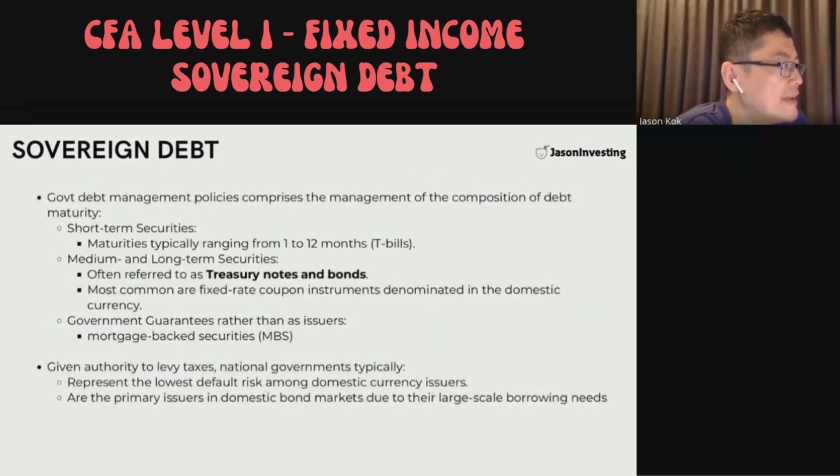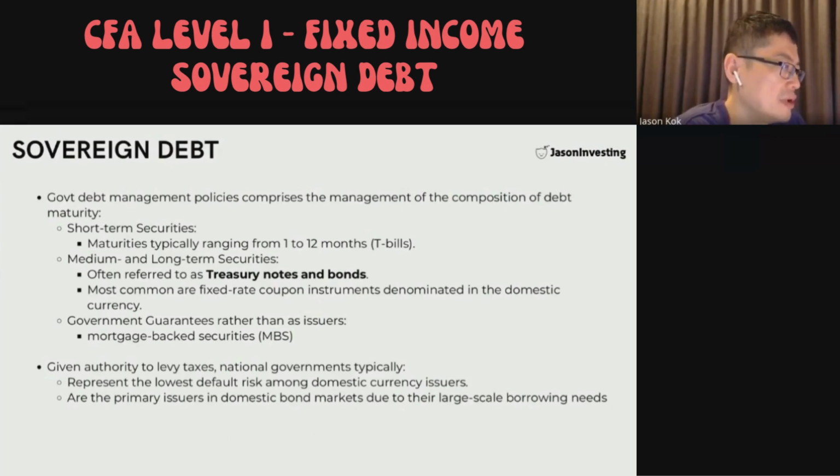For government debt management, government can choose to issue debt in different maturities, for example short-term, medium-term, or long-term. So the management is about deciding the composition of short-term, medium, and long-term securities.